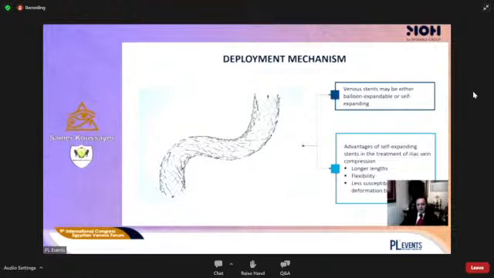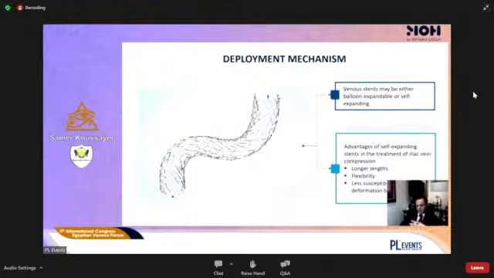Deployment mechanism. The stent could be either balloon expandable or self-expandable, but the one we most commonly use to treat iliac vein compression is the self-expandable stent. Why is that? Because of the longer length. With the self-expandable, you can have a long one, like 100 or longer, whereas the balloon expandable are usually short. Also, the self-expandable is more flexible, whereas the balloon expandable is rigid and more susceptible to permanent deformity by external forces.